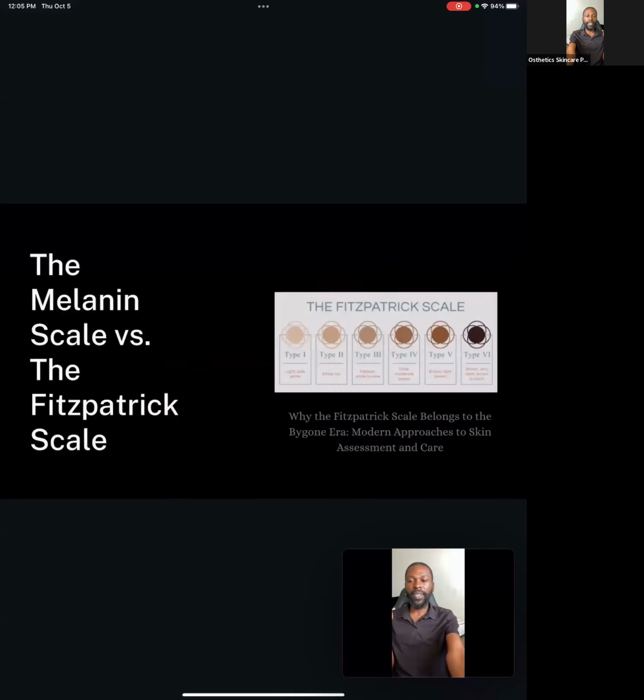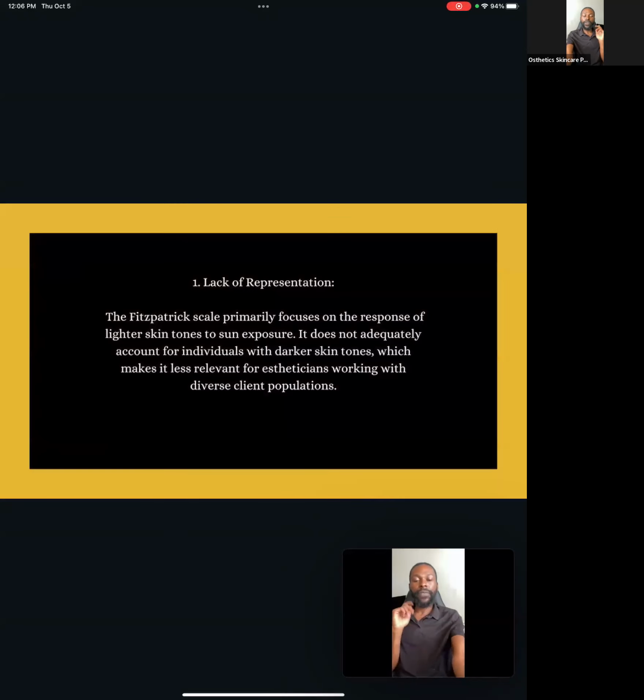Okay. Now, the melanin scale, which is something that you're going to be introduced to today, versus the Fitzpatrick scale. Why is the Fitzpatrick scale a thing of the past? Why does that belong to the bygone era? Well, here's several reasons. The first reason is a lack of representation.